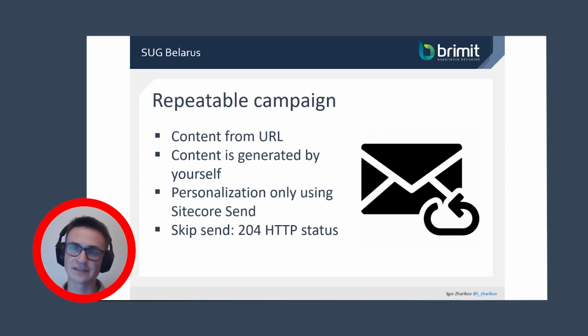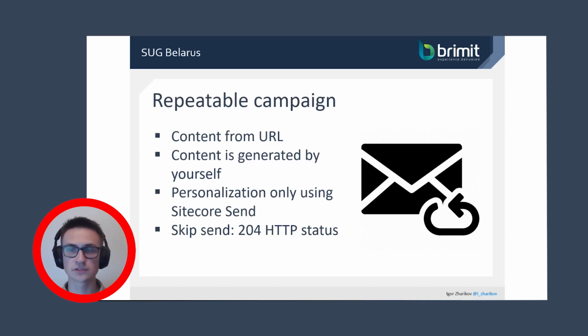During each campaign send, Sitecore Send requests the email body only once. There is no request for each recipient with some recipient information like an email or something like that. Again, it's only requested once. So for each customer, this campaign will look almost the same.